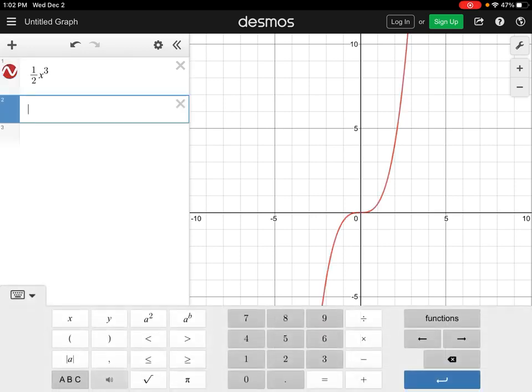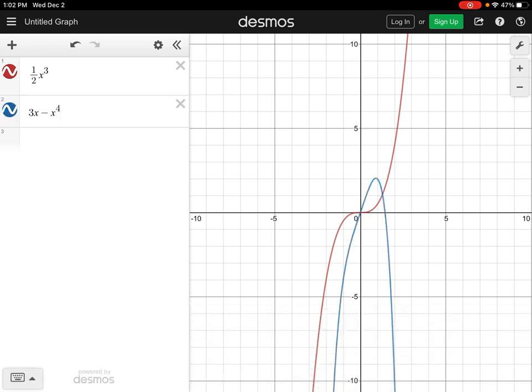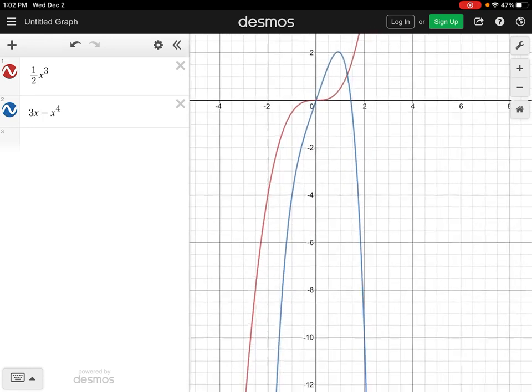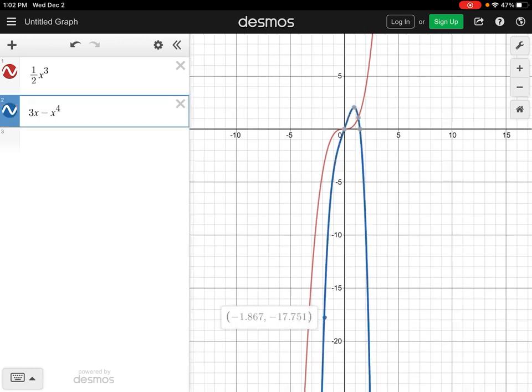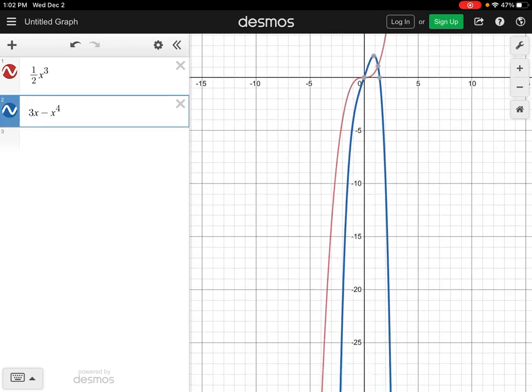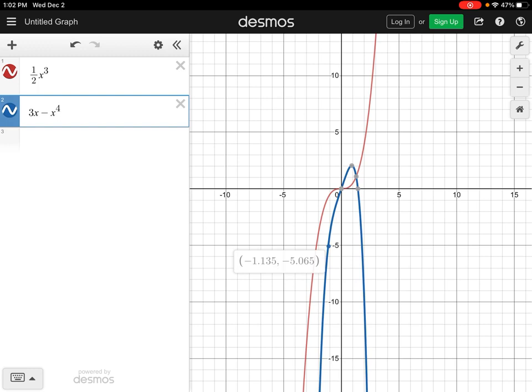If we add a second picture for the other one, we have 3x minus x to the 4th. This one actually has only 1 turning point. It switches from going positive, positive, positive, positive to negative.